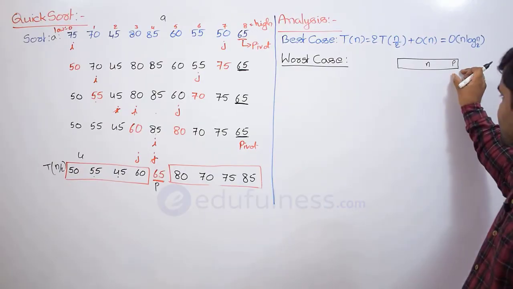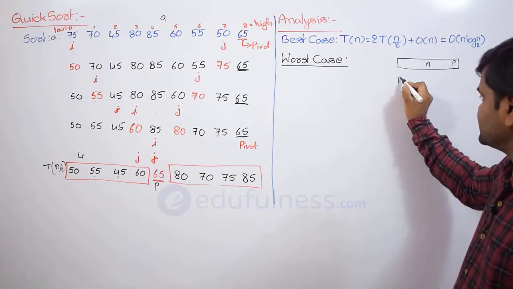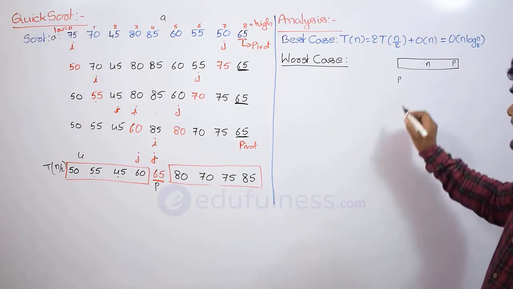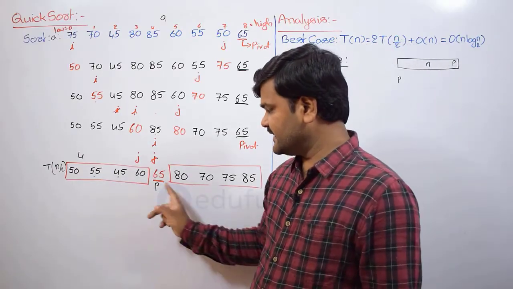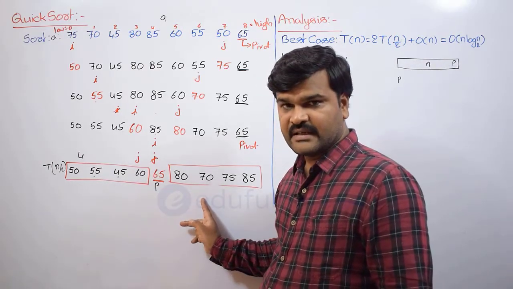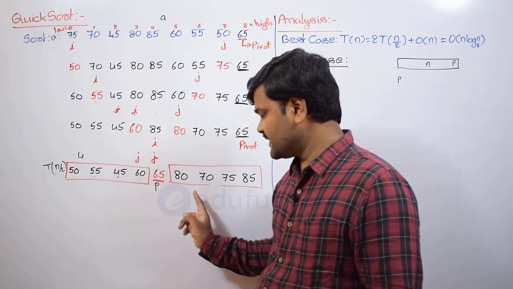If this pivot element is placed, for example, at the first position, how many subproblems are we going to have? In the best case you have two subproblems, each of size approximately n by 2.